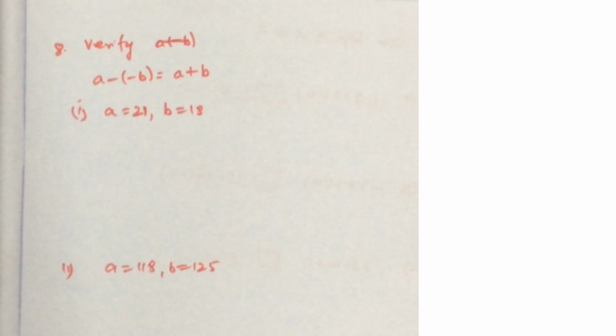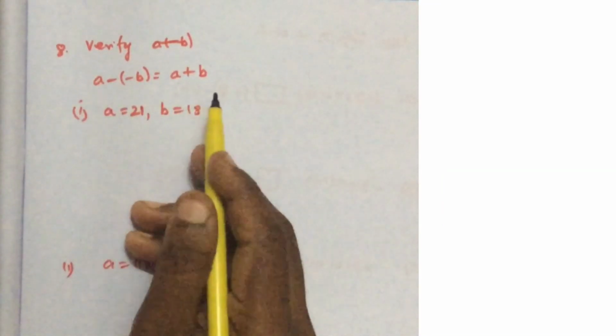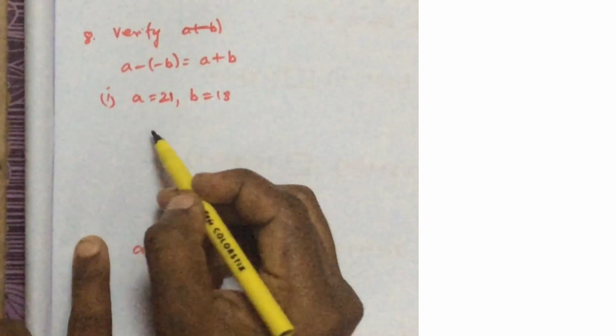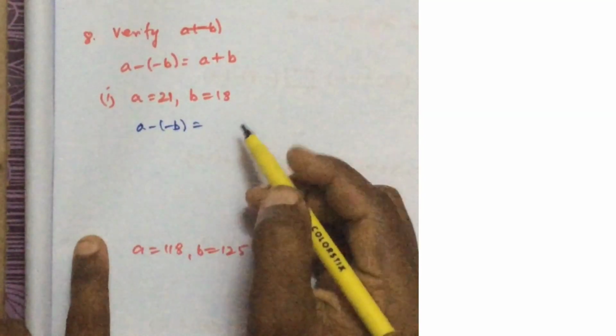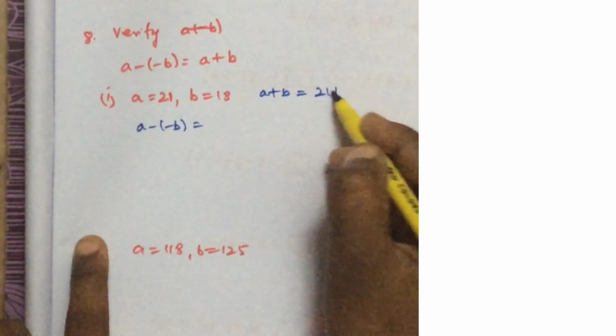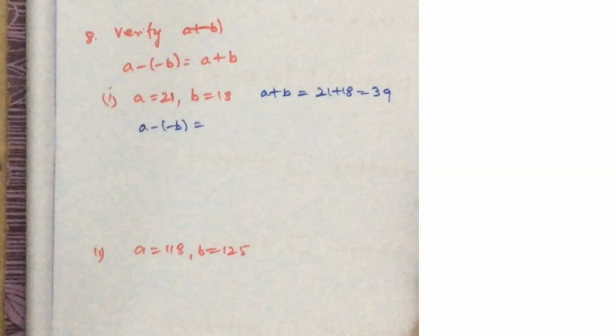The next problem is verify a minus of minus b equal to a plus b. It's very simple. First we will do a minus of minus b. So we start with a plus b, that is equal to 21 plus 18, that is equal to 39.